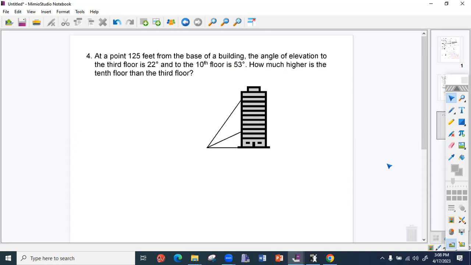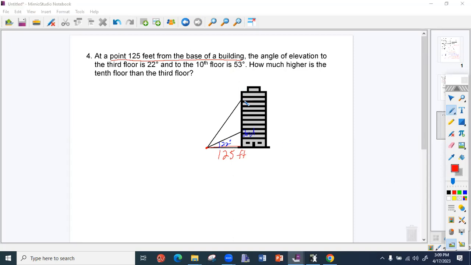Okay. So here's our building. We're going to label our information based on the building. It says at a point 125 feet from the base of the building, so from here to here, it is 125 feet. Agreed? To the 3rd floor, my angle of elevation is 22 degrees.